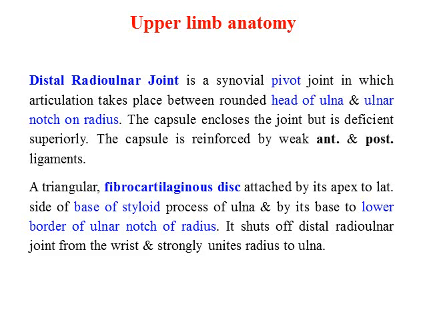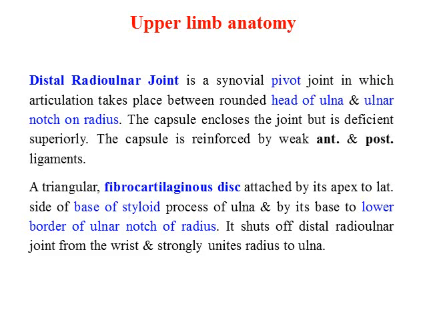The distal radioulnar joint is also a pivot type of synovial joint in which articulation takes place between the rounded head of ulna and the ulnar notch on the lower medial side of radius. The joint cavity is surrounded by a joint capsule which is deficient superiorly and reinforced by anterior and posterior ligament.